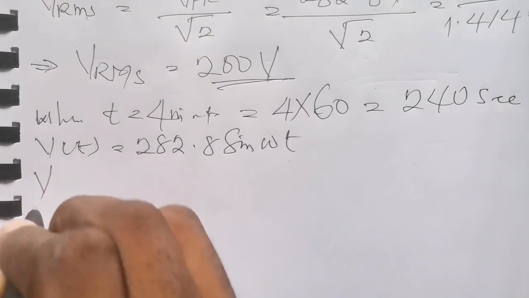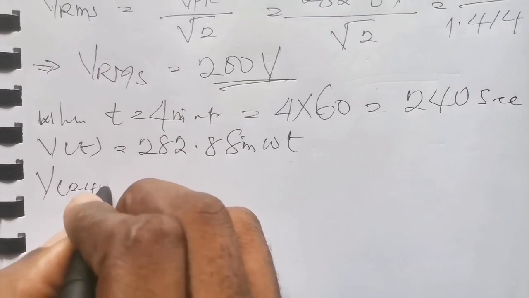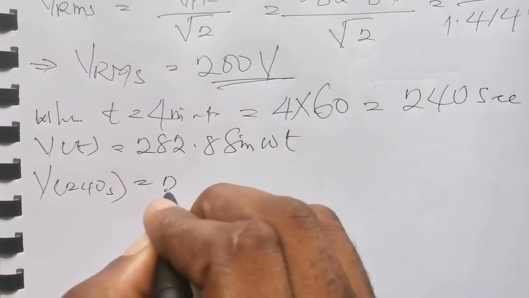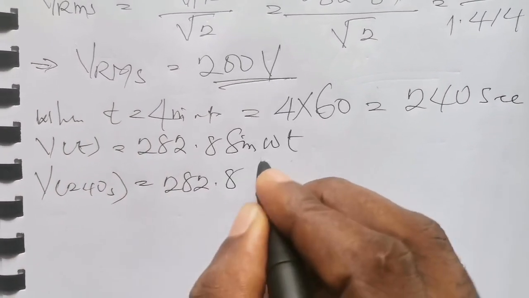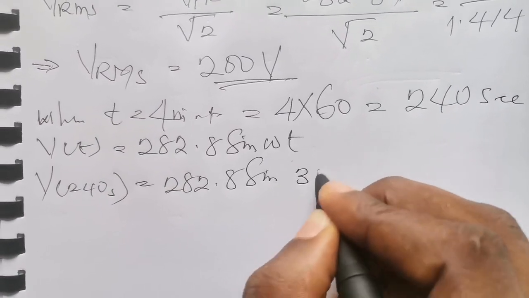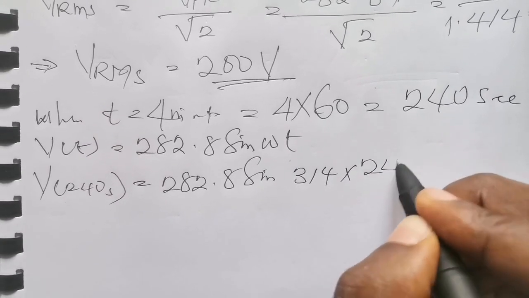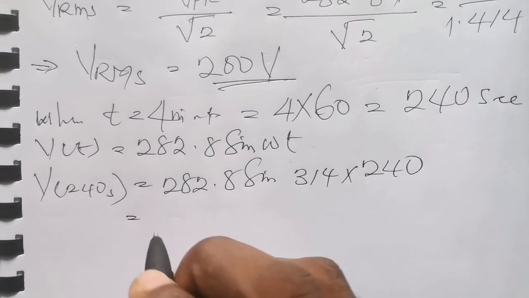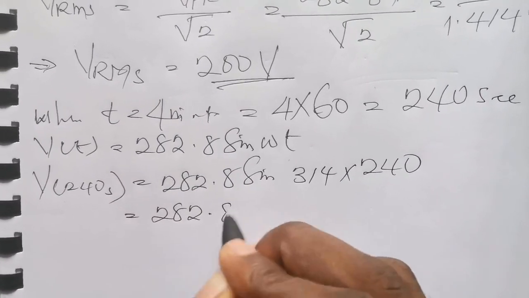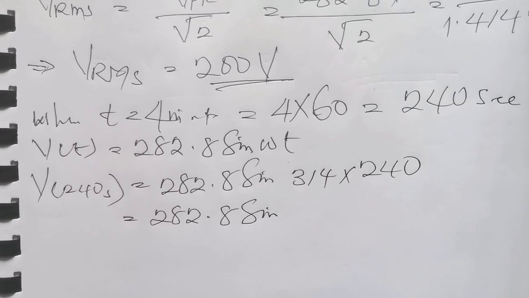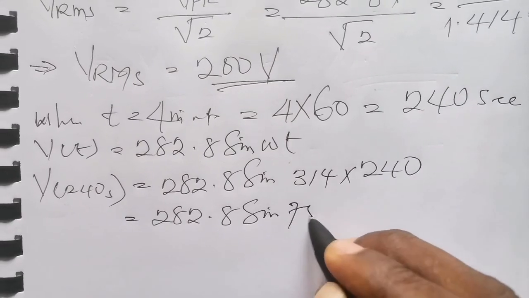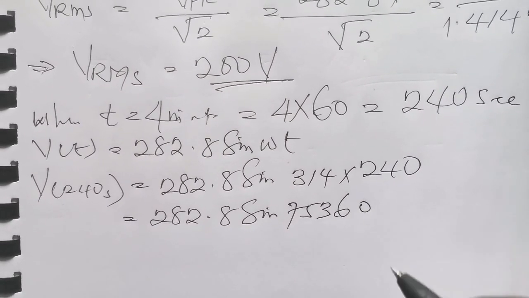So V of t becomes V of 240 seconds, and this is equal to 282.8 sine of 314 multiplied by t, and t itself is 240. Now let's obtain 314 times 240. That gives us 75360.